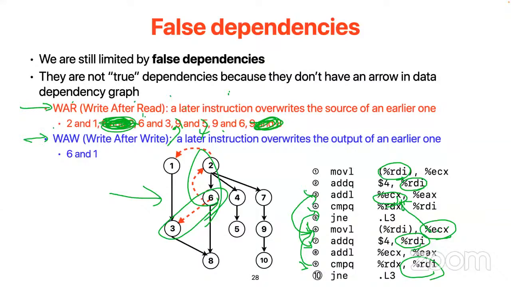And for write after write, it's the case where a later instruction overrides the output of an earlier one. This is the output dependency.